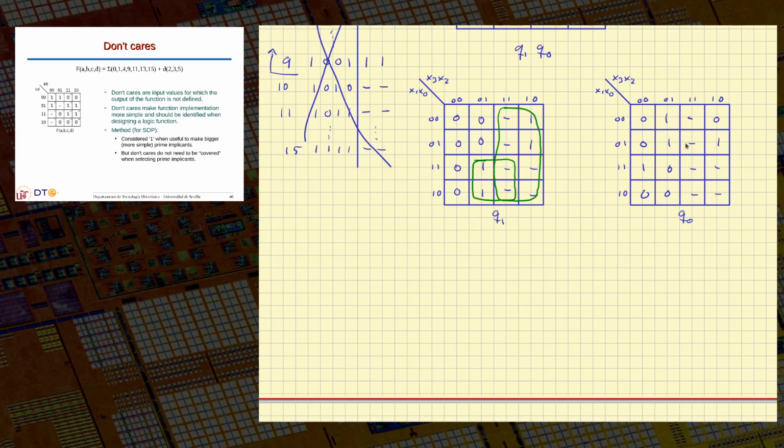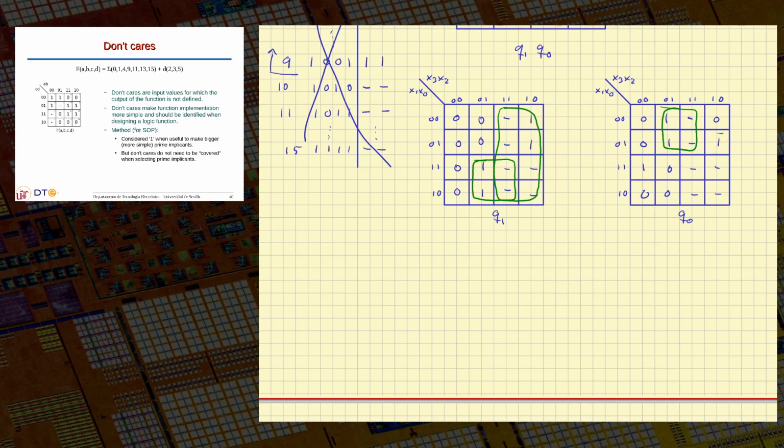Let's see this example. In this case, I have this one here. It is convenient to use these two and these four here, so it will be a prime implicant. And this one can be put together with this first order prime implicant, and with this as well.